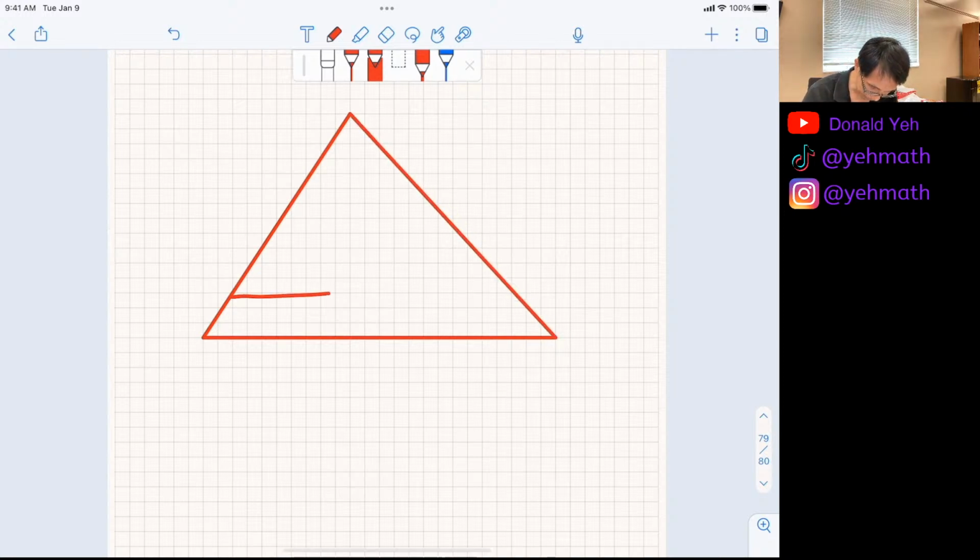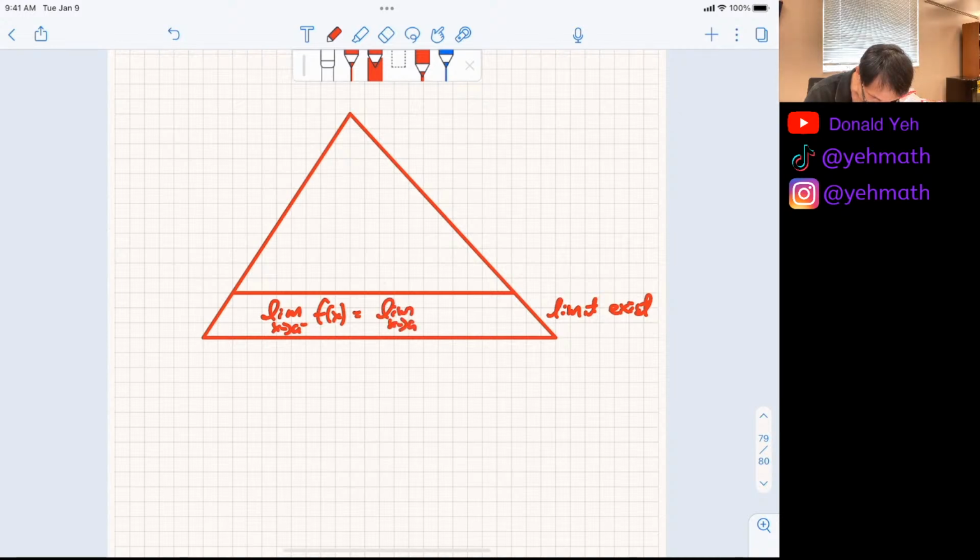Okay, so the one thing I want to talk about is this last card called limits exist. It says the limit as x approaches a from the left of f of x equals the limit as x approaches a from the right of f of x. The next part is continuous, which we have learned before.